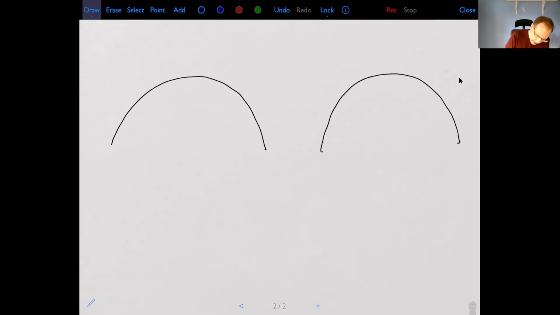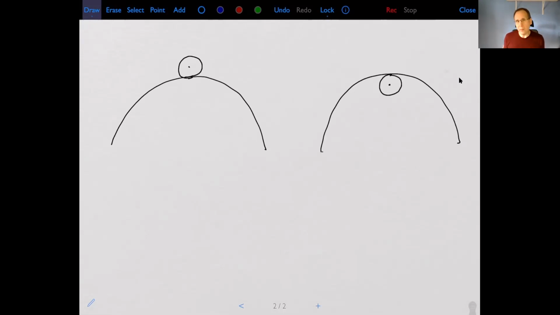In one case, we have the ball rolling on top of it, like a roller coaster. And in the second case, we have the ball rolling underneath. So that would be like the loop. And we want to know what's going on right when it's at the peak of that curve.